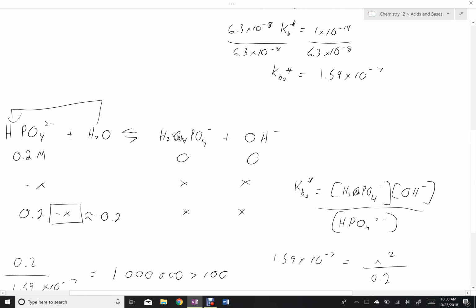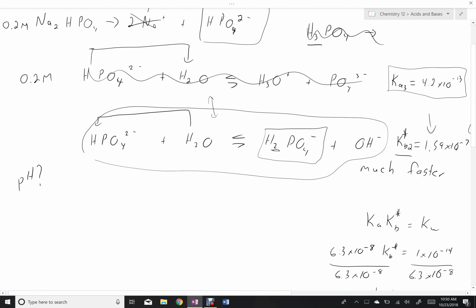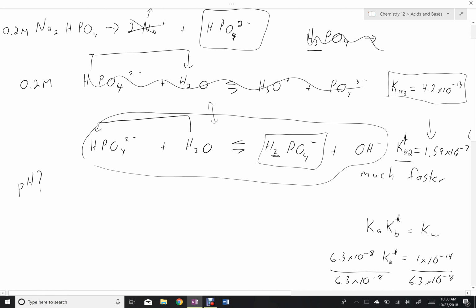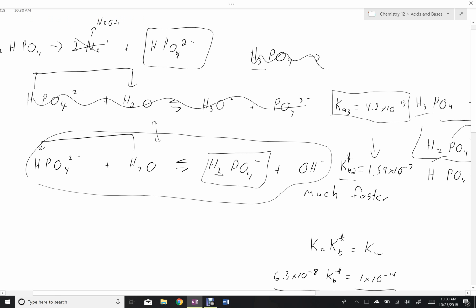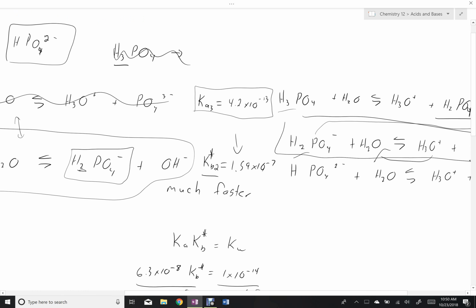So this guy kind of looks like an acid when he's put into the water, but because he's amphoteric, the whole point is he can act as an acid or a base. He can give his last proton and become hydronium and phosphate, or he can take a proton and produce hydroxide. So we've got to look at a chart and use the K's to determine which of these processes is going to dominate or which one is the faster process.